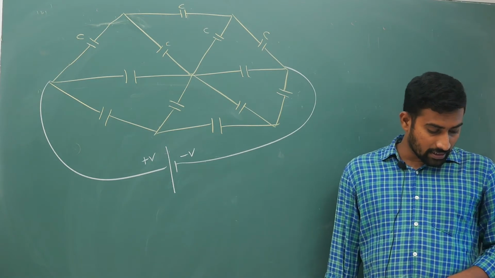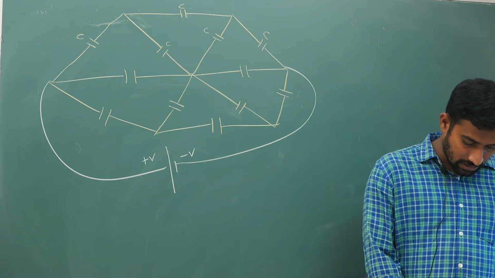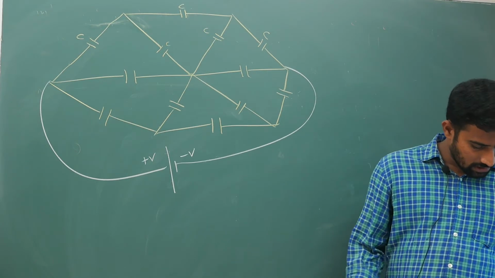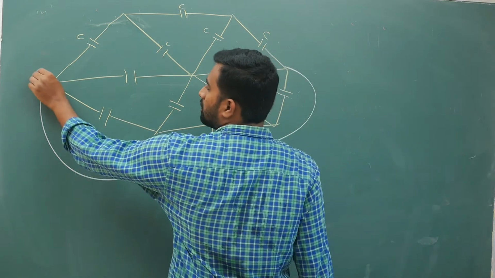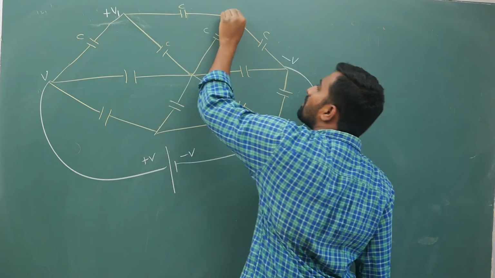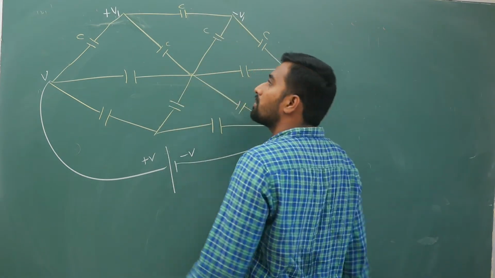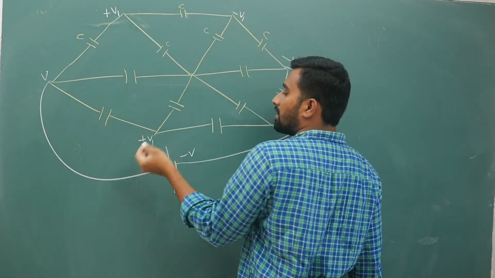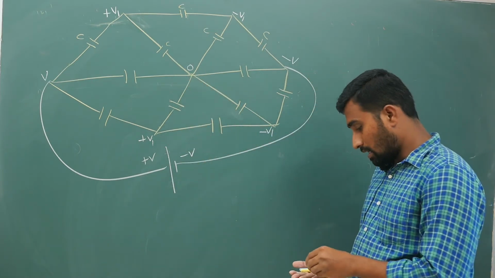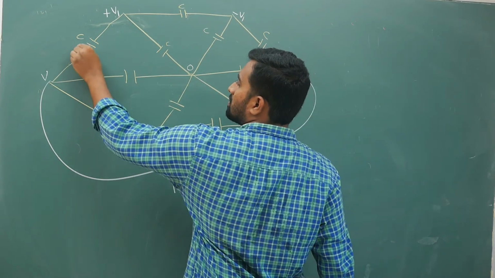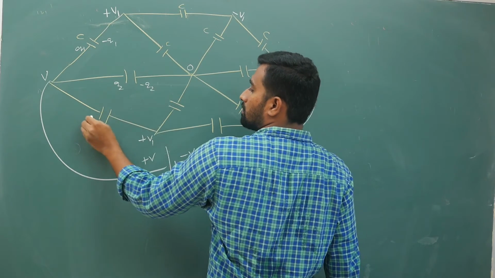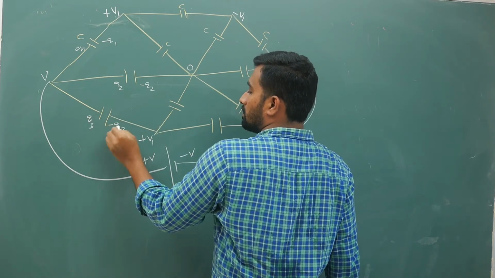Now if you are doing it correctly, the answer for this question is supposed to be, I don't have it, but still you can do this. Plus V, minus V. From this side it is plus V1, from this side it is minus V1. Your circuit is the same on top and bottom, so I can keep plus V1 and minus V1 here, it is 0 here. Now your total charge is Q1 minus Q1, Q2 minus Q2, Q3 minus Q3.